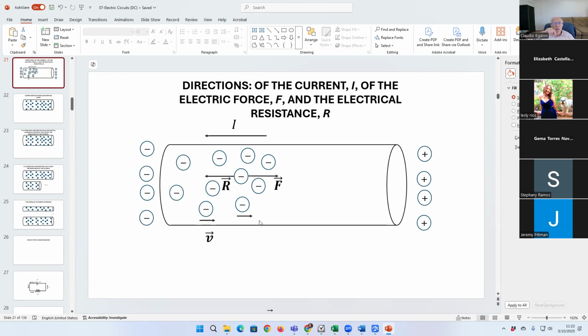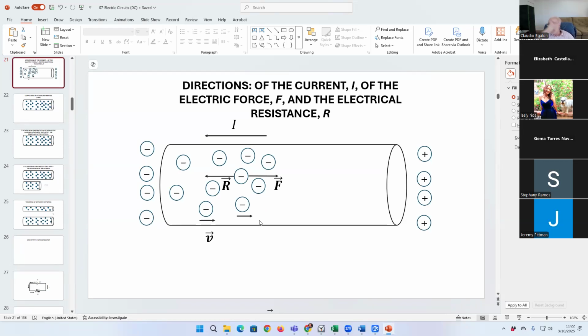So the motion of the electrons will end up being just like that of a pinball in those pinball games, moving back and forth, colliding, slowing down. That's another model that you have about the electric circuit. Those electrons move back and forth, but overall they're going to move in a single direction.